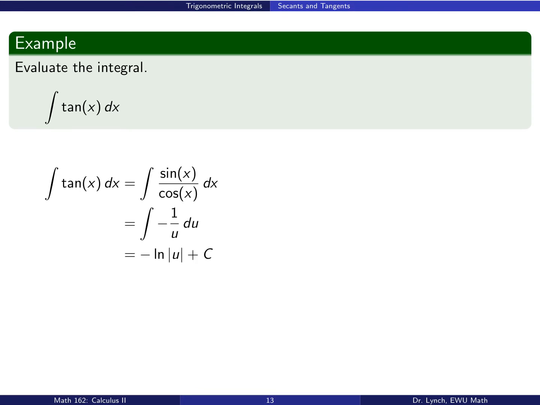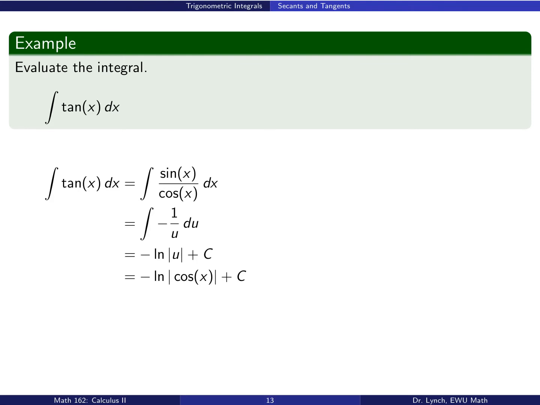Of course, here that substitution was u equals cosine of x. Of course, we can go back to x world as minus the natural log of the absolute value of cosine x plus an arbitrary constant.